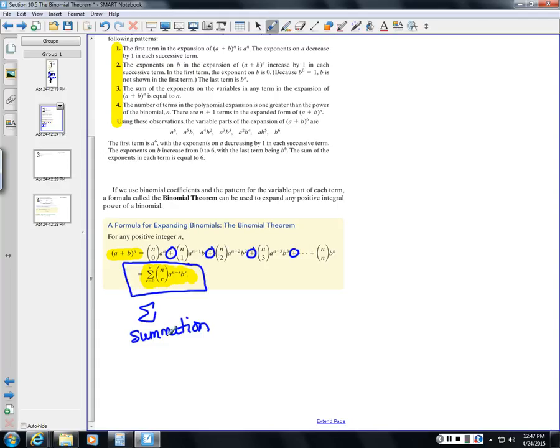Now, to understand this, because these are a lot of new symbols that we've never seen before, first of all, this is just n, and this is just r equals 0. These are called your lower bound and your upper bound, lower being the bottom and n being the top. It's taking from r equals 0 up to n.